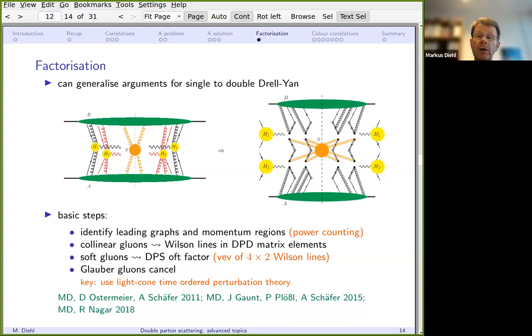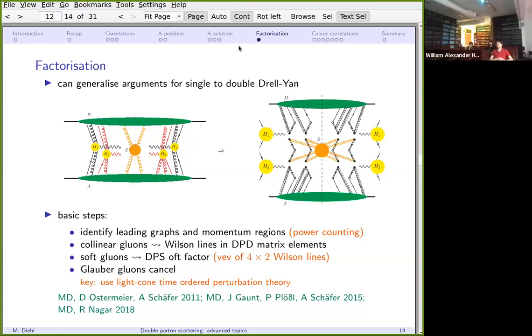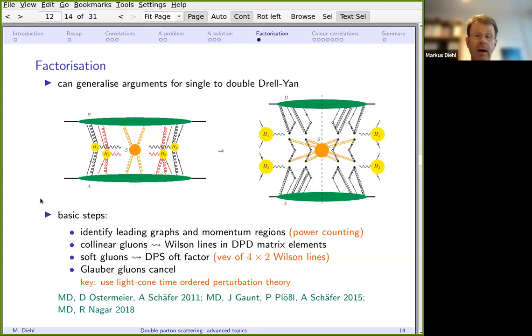And it's really modeled after what has been done in the 1980s for single parton scattering, especially for the single Drell-Yan process. The basic steps are very similar in the two cases, only that some stages are not surprisingly more complicated if you have twice as many partons around.